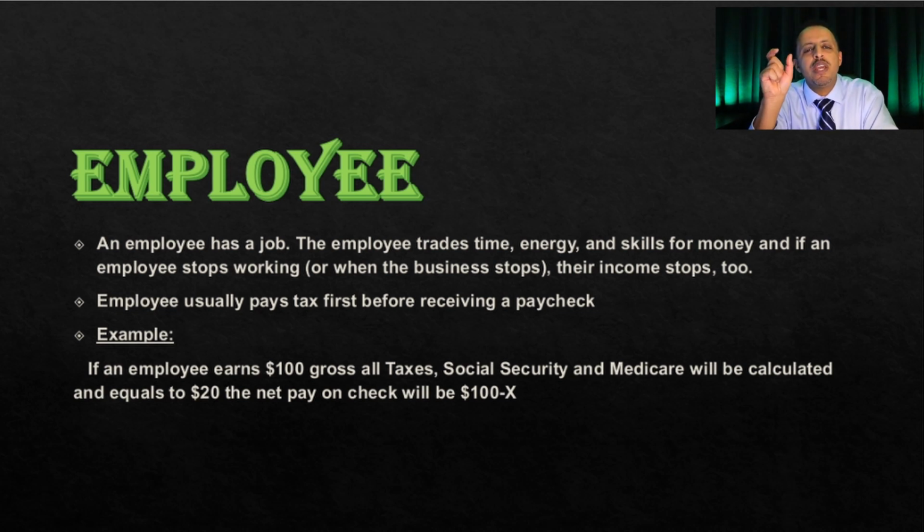Then you pay in towards your Social Security and also your Medicare. Then you get the balance after all that deduction. So let's say you made 100 and after all those taxes were taken out it was $20, then your check will be only $80. After that, it will start your living expenses and your savings, whatever has to be done after that part.